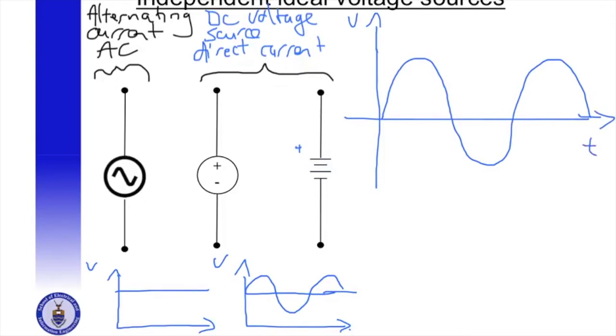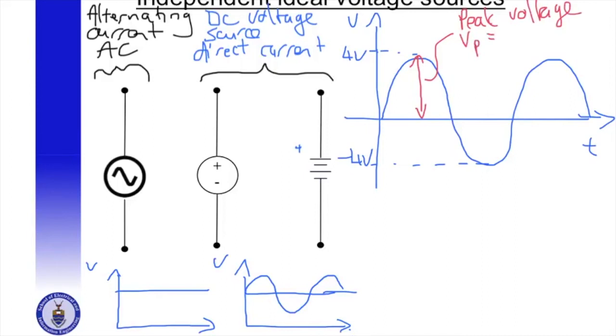Let's say that this is at 4 volts, and this is at minus 4 volts. Then it's important to note that this voltage is called the peak voltage, V peak, and that is equal to 4 volts in this case.